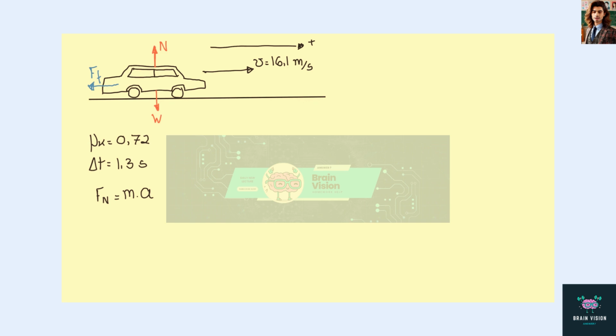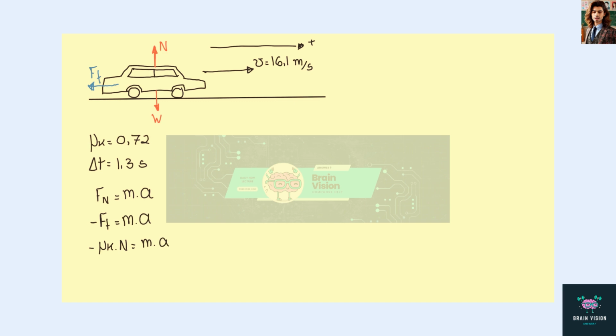Then, the net force on that horizontal axis is given by the frictional force only. So, minus the frictional force is equal to the mass of the car times the acceleration of the car. But the frictional force, when the object is already moving, is given by the kinetic frictional coefficient times the normal force, and this is equal to the mass of the car times its acceleration.